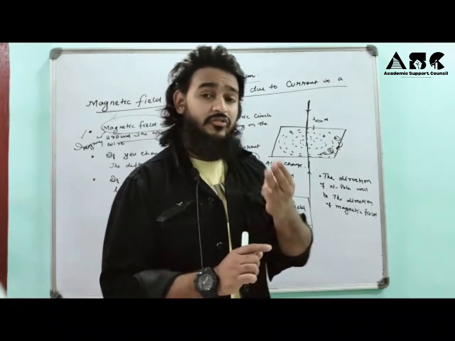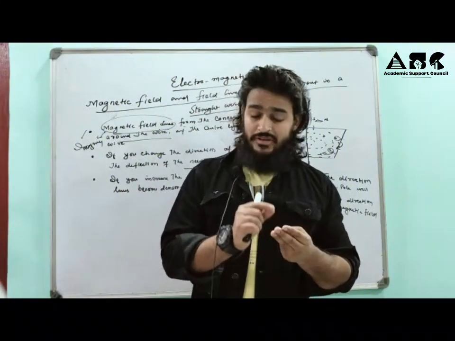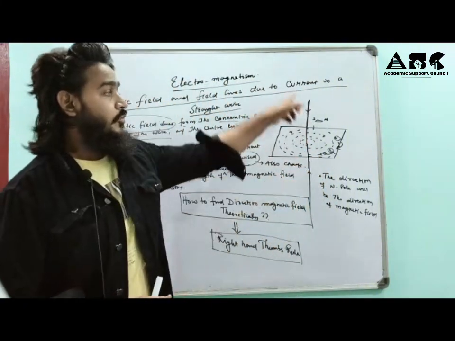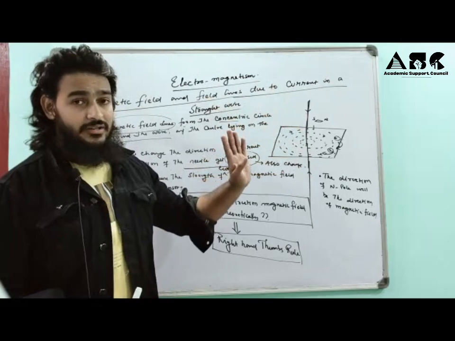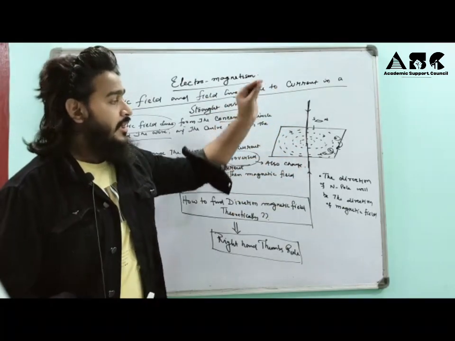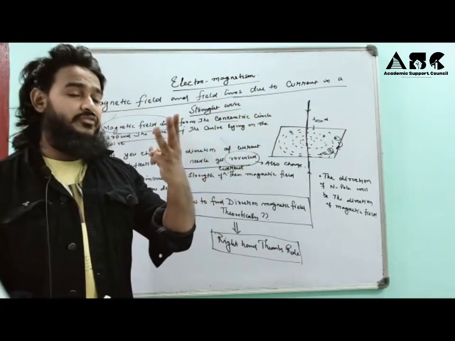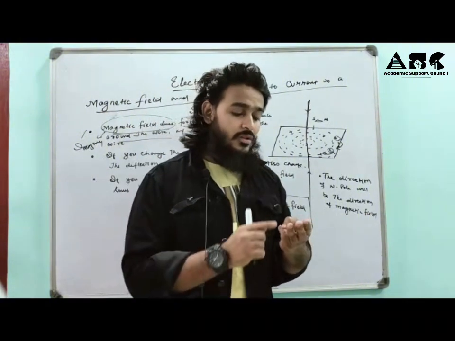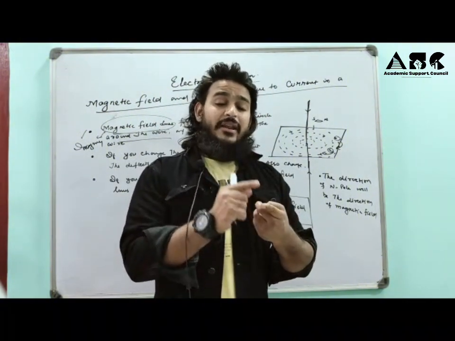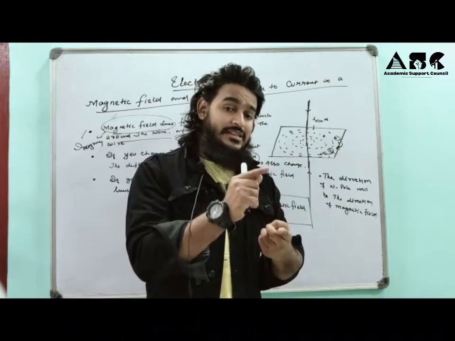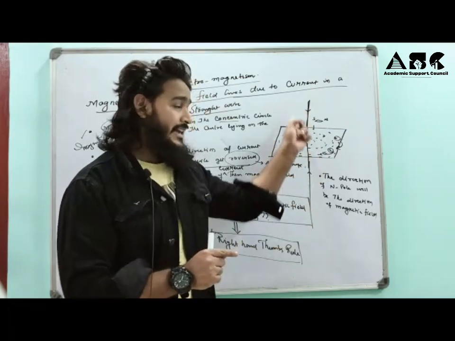So these are the three important observations we get from a straight current carrying conductor. Number one, the iron filings make a concentric circle with the wire as the center.